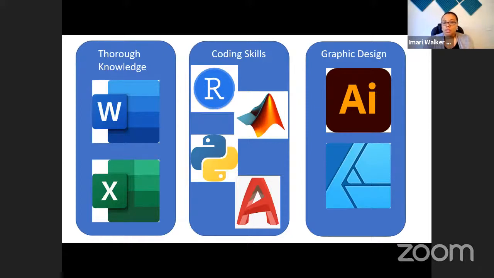So it's just a really good skill to add to your repertoire, even if you're doing like website design and you want to make your own logo. That's pretty easy. Well, it takes a little bit of practice. I wouldn't say it's pretty easy, but once you get used to it, it makes it a lot easier for yourself.